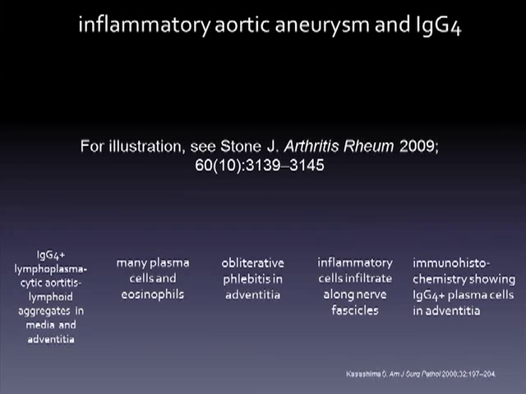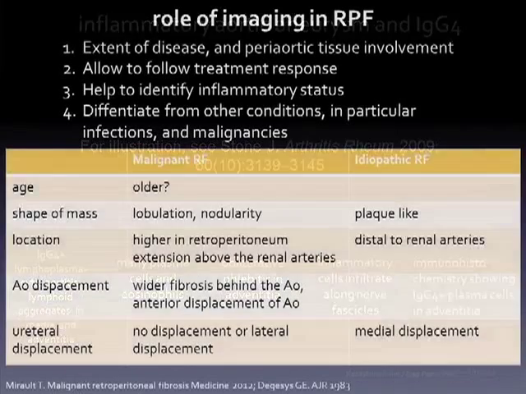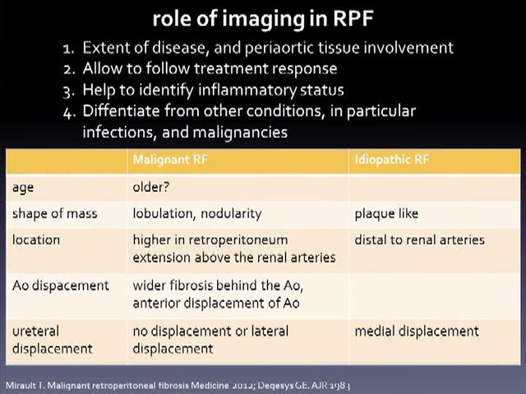This is evidence of obliterative phlebitis. This is the inflammatory cell infiltrate that goes along the nerve fibers, and this is the immunohistochemistry staining for IgG4.